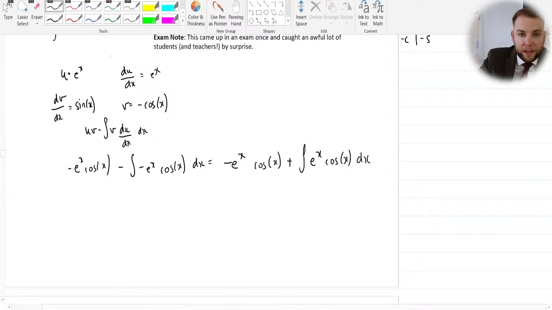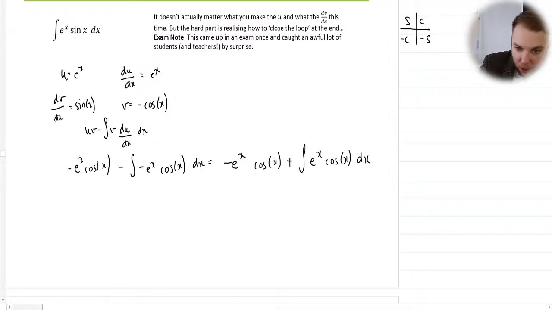Now, I'm going to use integration by parts to do this part here.